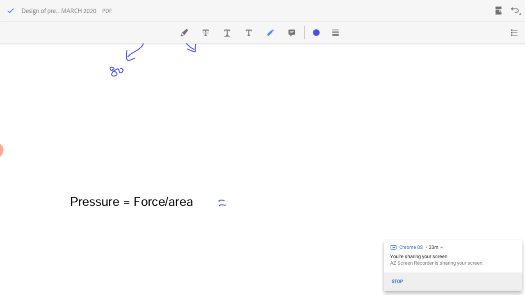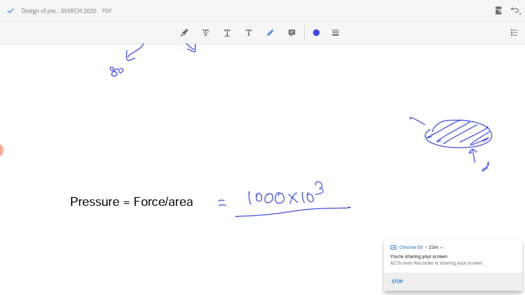What is the maximum force it can exert? Force exerted equal to 1000 kilonewton, 1000 into 10 power 3, which is acting on the area of that piston. The diameter is d. My area will be pi by 4 d square, so pi by 4 into 250 square.